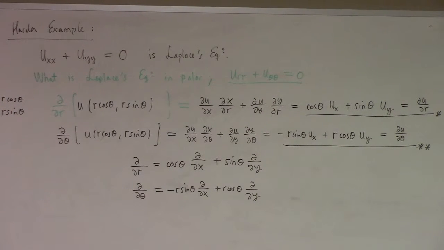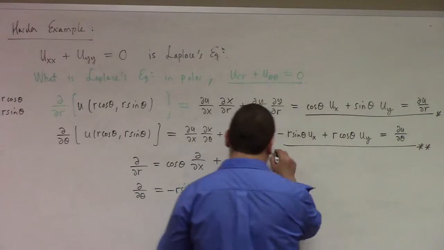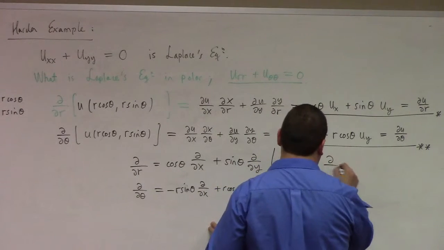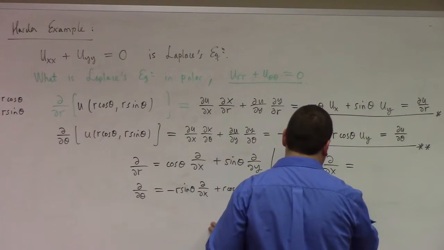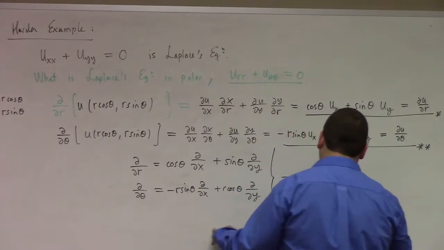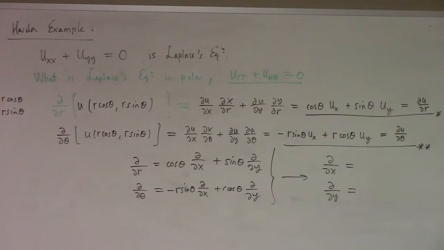Now what I want is to solve these equations for partial x and partial y. Can you guys see how to do that? So I want to take this and solve for partial x and partial y. Let me show you how I do it.